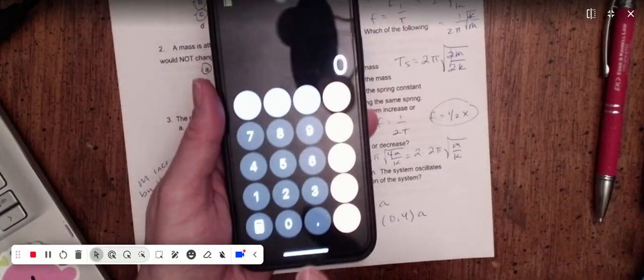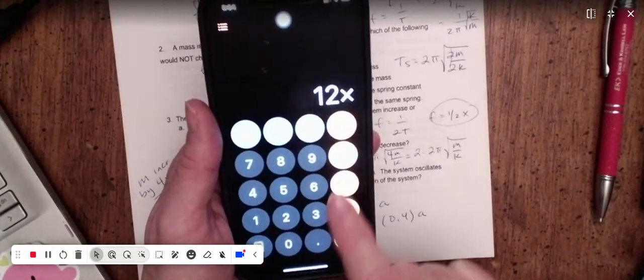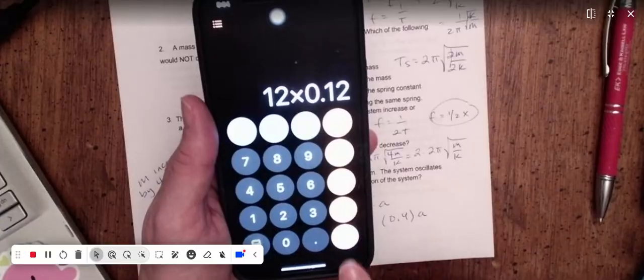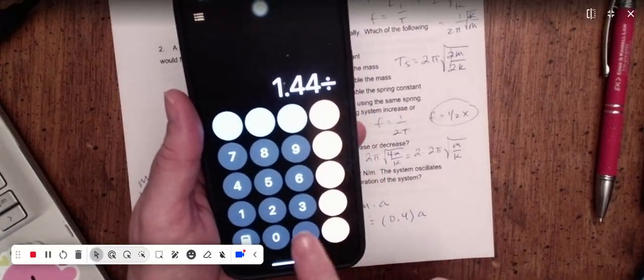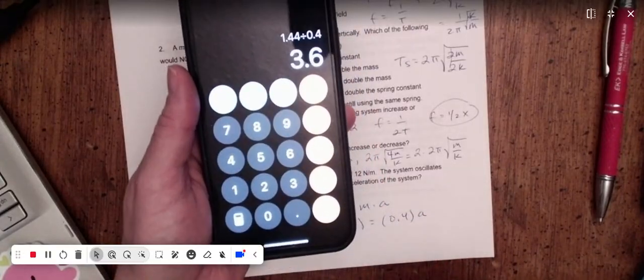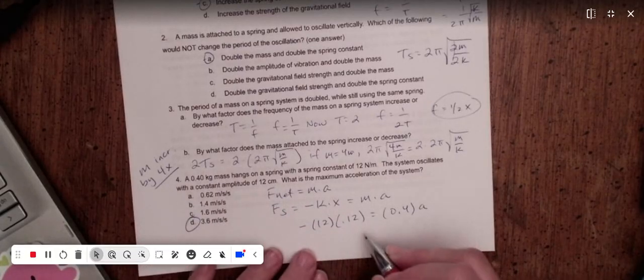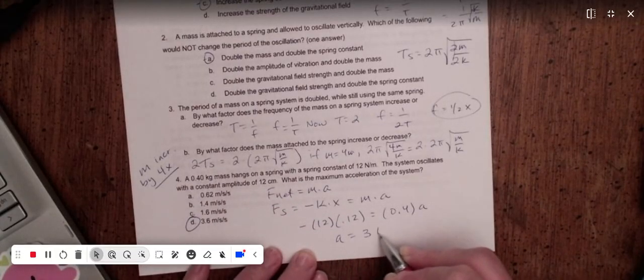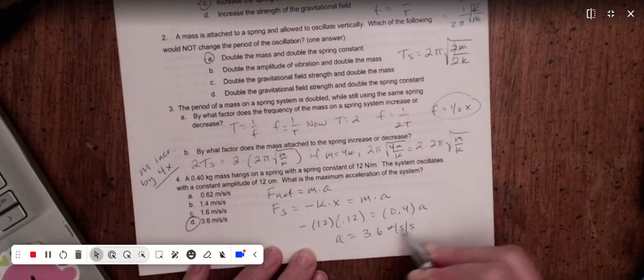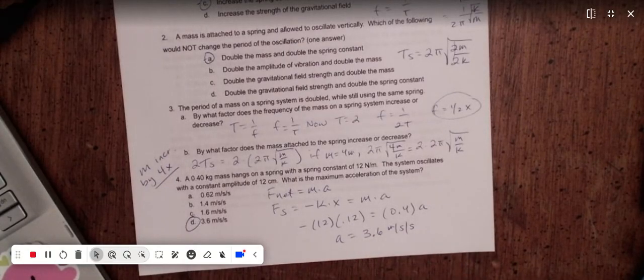Let's see. 12 times 0.12 equals, divided by 0.4, gives me 3.6. Let's see if that's one of the answer choices. Oh, how fortuitous. 3.6 meters per second per second. And note that that says max acceleration. Acceleration is not actually a constant value with a mass on a spring. Same with the pendulum. So they're not objects where we have constant acceleration.